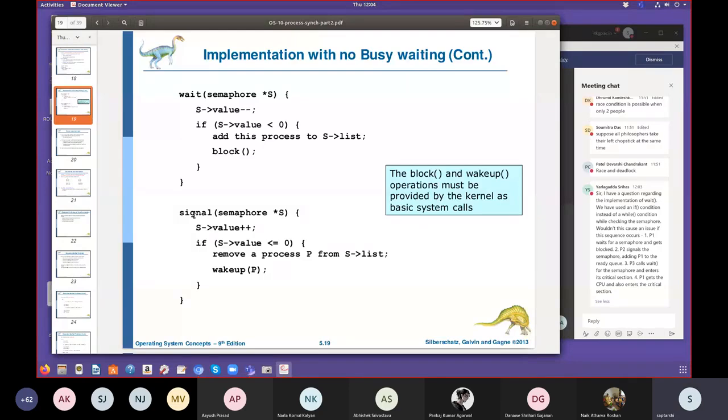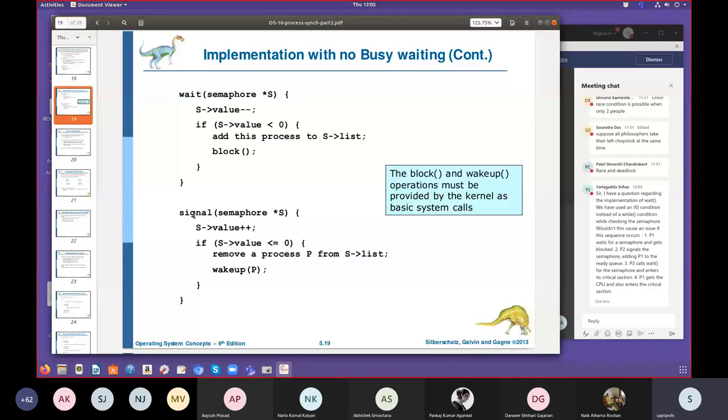Okay, let's understand. Give me some time. Okay, Sriharsh, please unmute yourself.